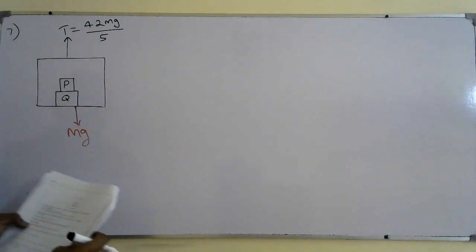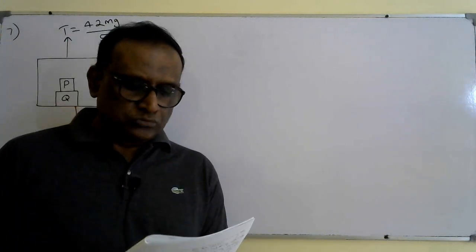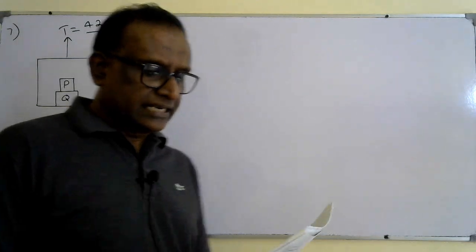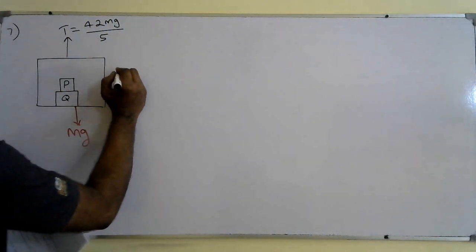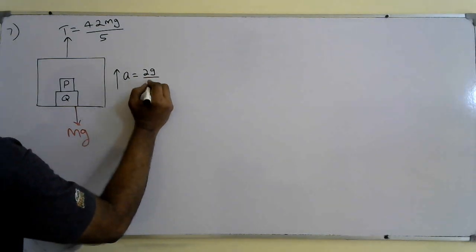Okay, so the first part. The lift and its contents move vertically upwards with acceleration 2g over 5. So it's accelerating upwards, a is equal to 2g over 5.